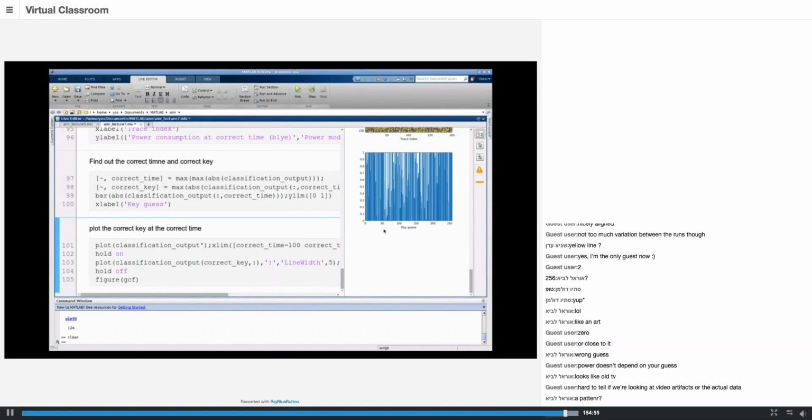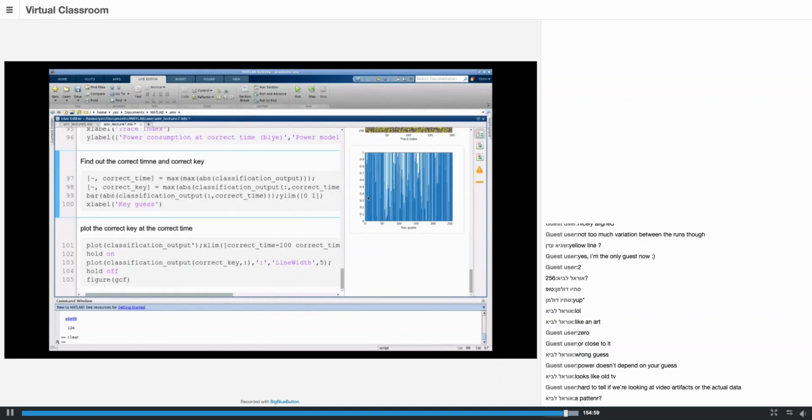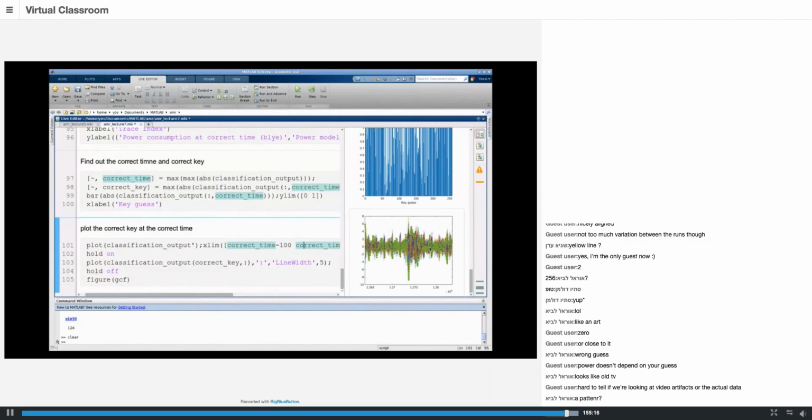This isn't so good. Wait a second. Oh, I want this one, sorry. This one looks much better for CPA. This is what you want to see. This takes a while to plot.